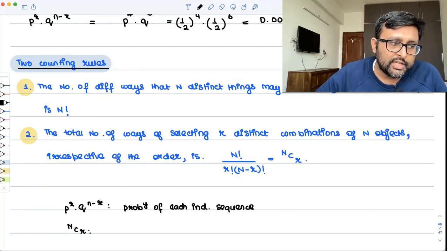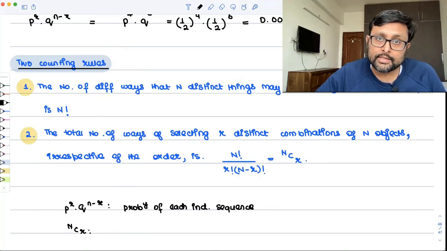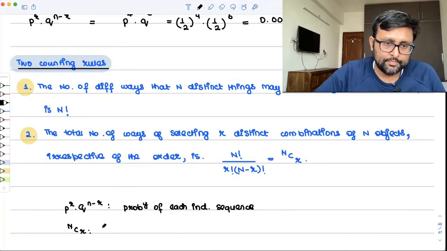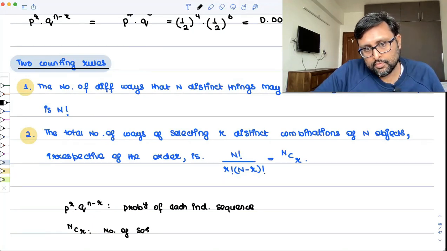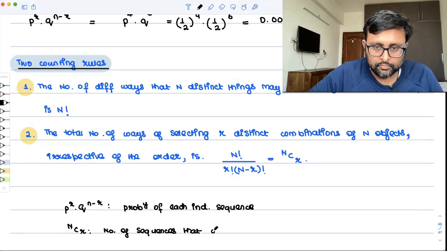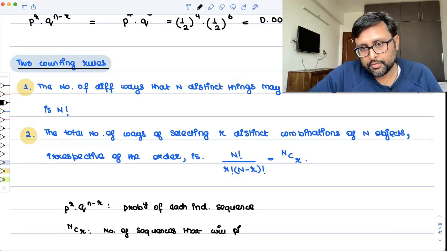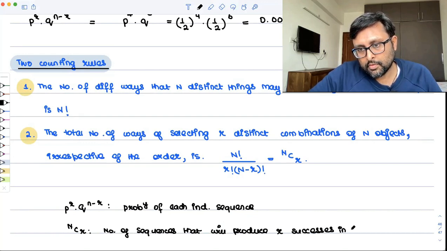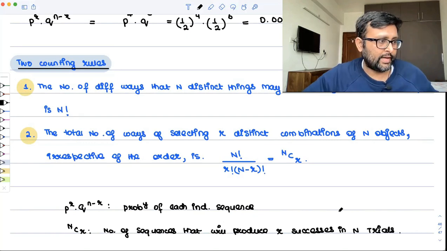It is telling you the number of sequences that are going to produce r successes in n trials.